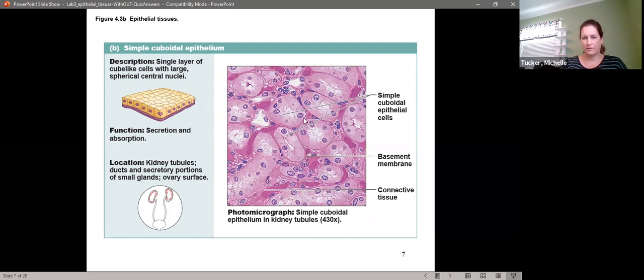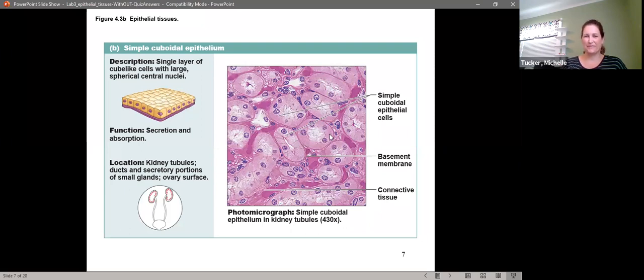But you can barely define where these cell definitions are. They end up looking like squashed donuts. Compared to other tissues, this tissue type does have a very distinguishing look. There aren't that many places you find simple cuboidal tissue in the body. So kidney tubules are often used as an example.